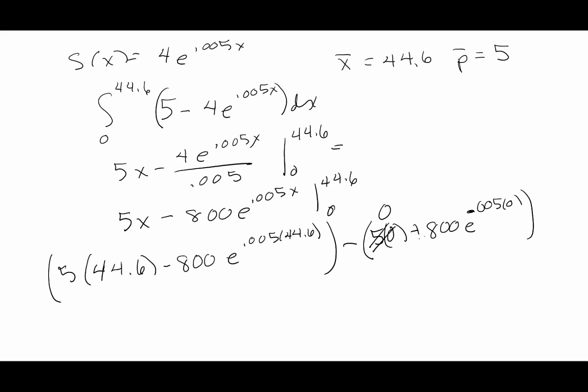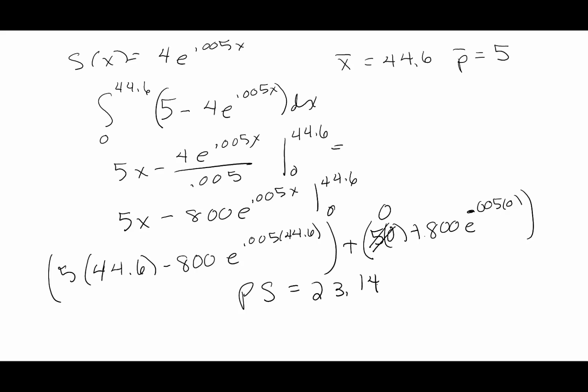Again, the negative negative, I can switch that to positive. But you do want to watch to hold on to the 0. Make sure you are subtracting the 800. Then you can combine that to make it adding once you've done all the pieces. All right, so now we go to our calculator, and I get the producer surplus is equal to 23.14.